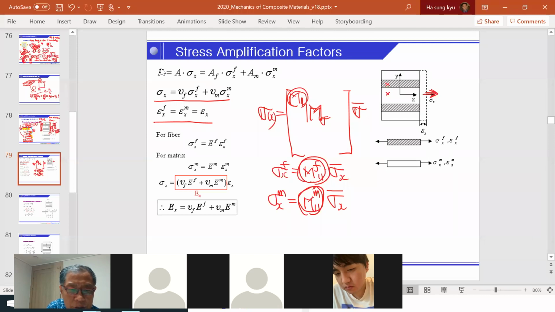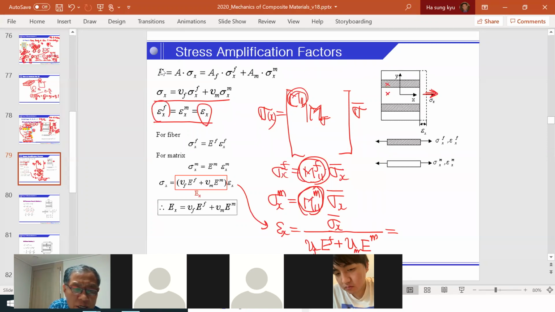From here, epsilon x can be given by sigma x bar divided by Vf Ef plus Vm Em, which is also the same as the fiber directional strain.